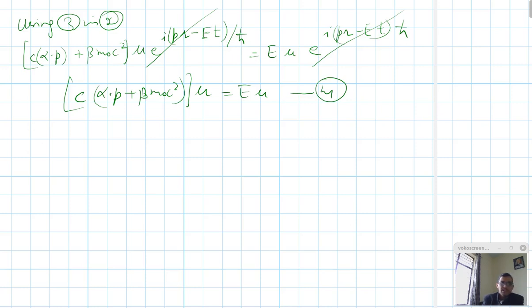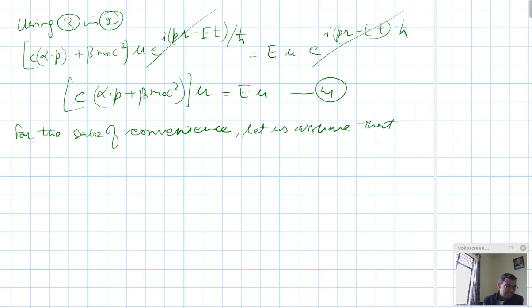Now for the sake of convenience, let us assume that the electron is moving in the z direction. Then alpha dot p can be written as alpha z p z, or p z alpha z.